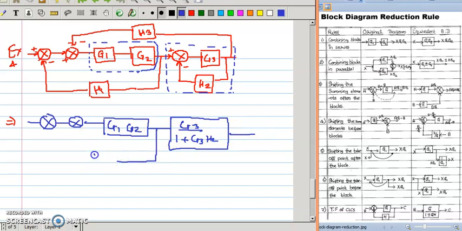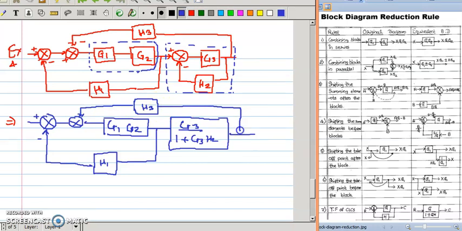This H1 is remaining as it is, and it goes here, right? Minus and plus. Again this top H3 is as it is, and this goes here like this.